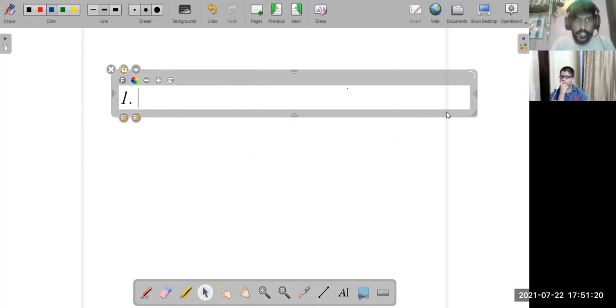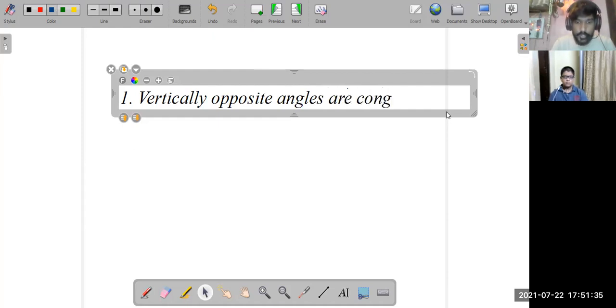The first point is vertically opposite angles are congruent.